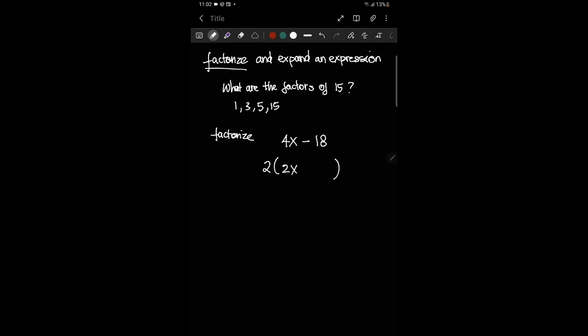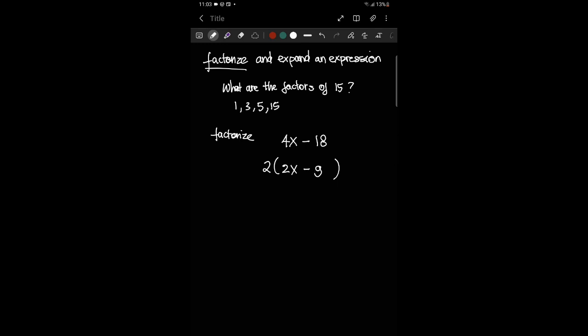No, right? So we cannot use that one. How about 2? Can 18 be divided by 2? Yes. Can 4x be divided by 2? Can. So the factor of these two terms is 2, right?